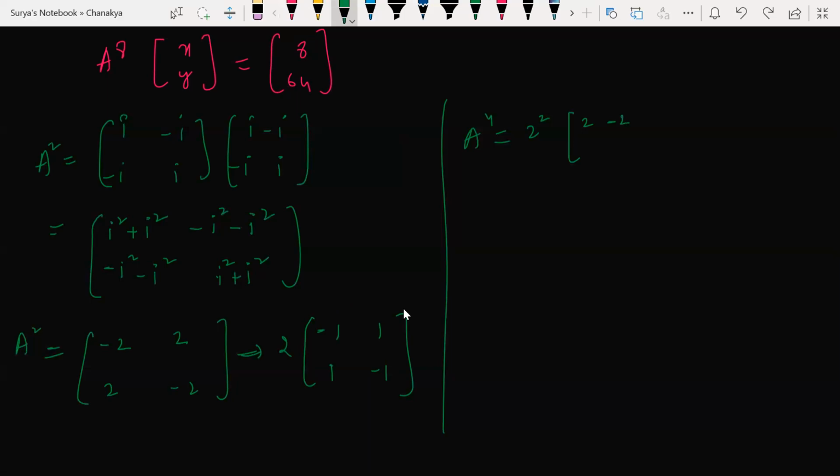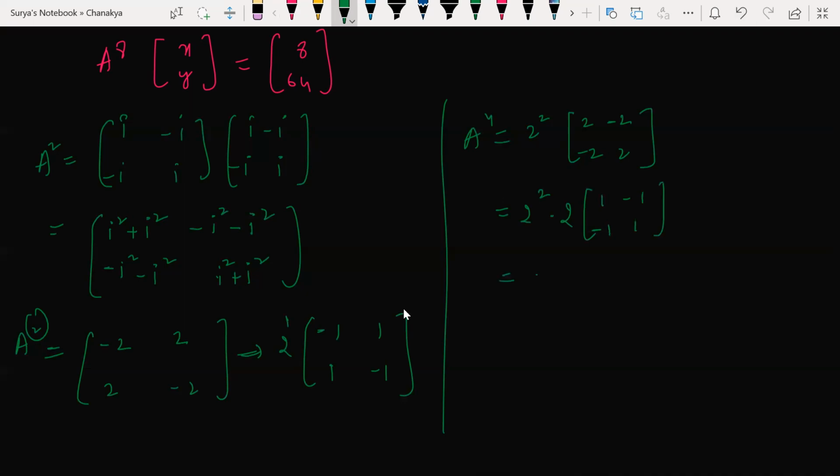Here A to the power of 8 is going to be, again 2 square common, so 1, minus 1, minus 1, 1.